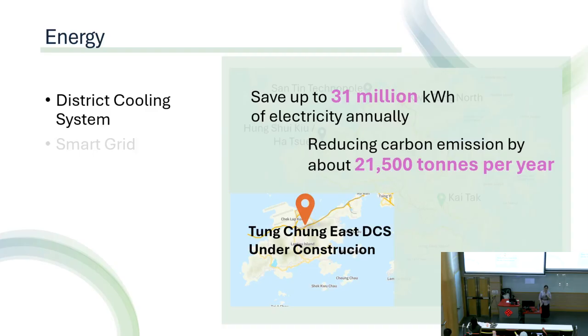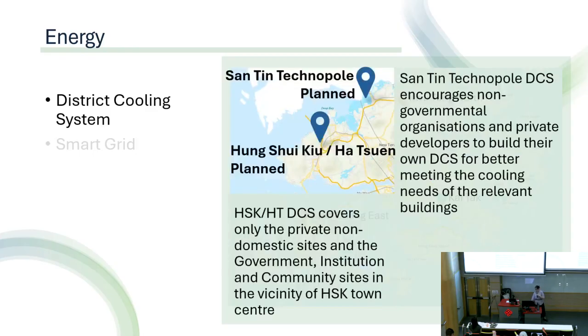The thing with these DCS is that they used to be run by EMSD. They're the ones who are supposed to construct it and make sure that it's managed properly. But with recent developments, they're saying it doesn't have to be government run. It could be private development.